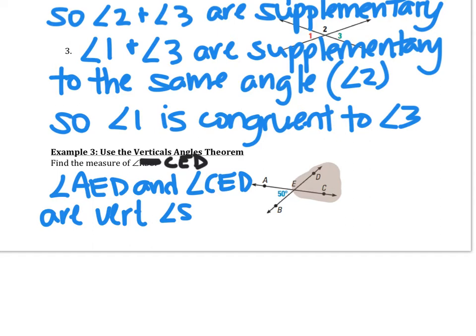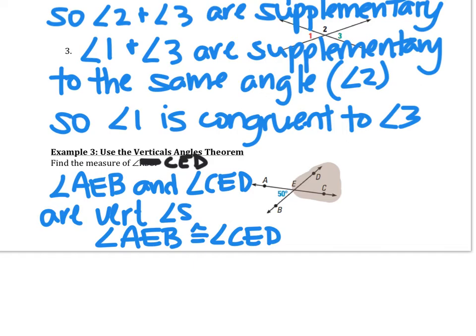Oh, sorry, not AD, AE. My apologies, AEB. I hope that didn't confuse you. AEB and CED are vertical angles. So that makes those two congruent, which means their measures are equal. So CED must equal 50.